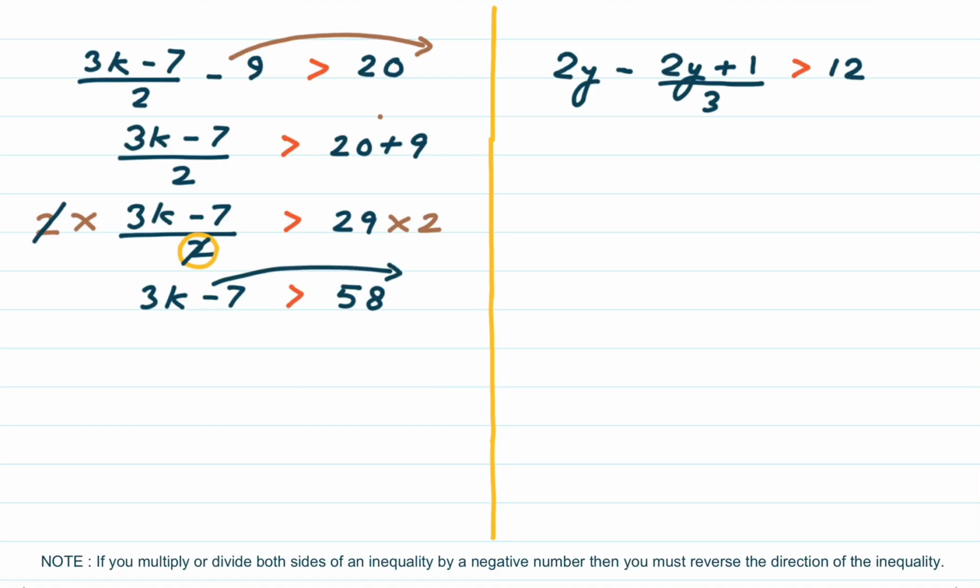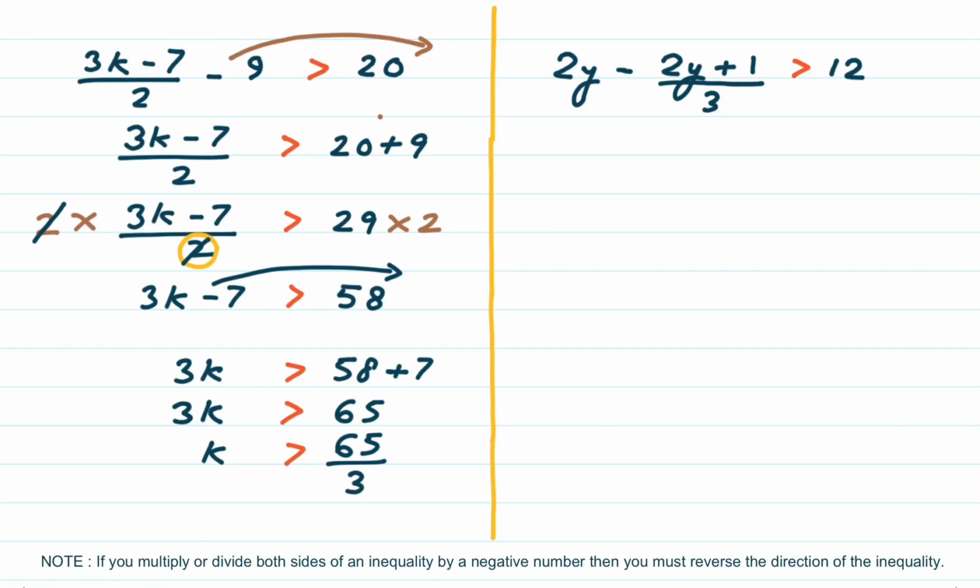Shift the negative 7 to the other side, so 3k greater than 58 plus 7, which is 3k greater than 65. k is greater than 65 over 3, and finally we can say k is greater than 21 2 over 3.